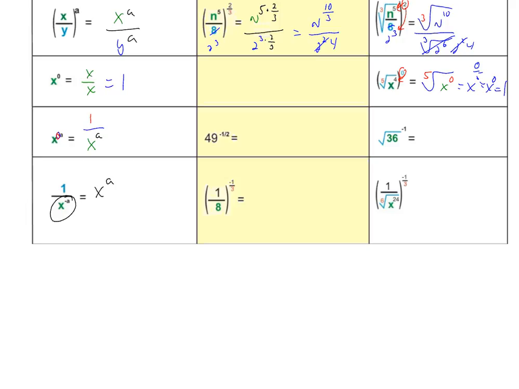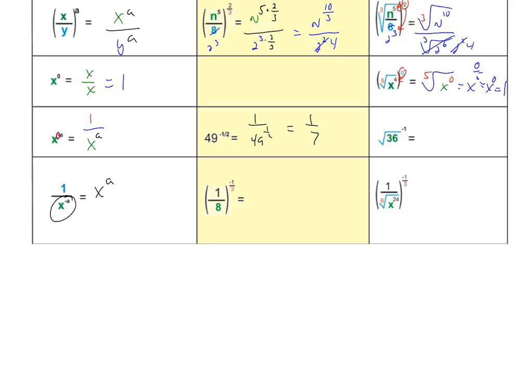All right, so 49 to the negative 1/2 is the same as 1 over 49 to the positive 1/2, which is 1/7, by the way. Why in the world do I have 36 over there?